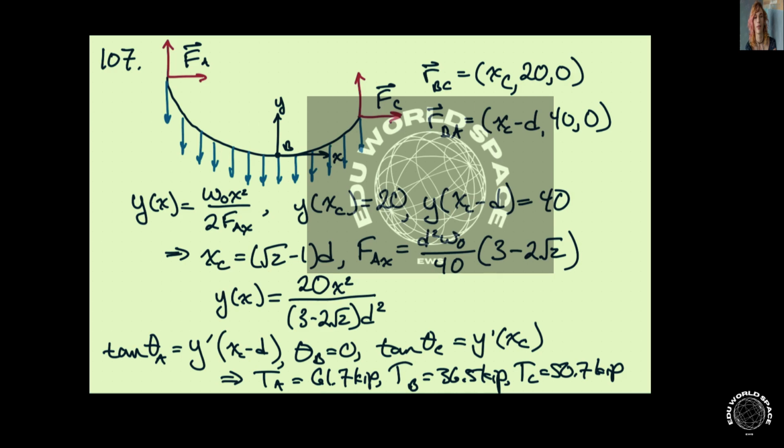So at point A, we'll use theta of A, and we'll get that the tension there is 61.7 kip. At B, this is actually the same as the tension at the support, at either support, and that is 36.5 kip. And at C here, we can get the angle theta sub C, and plug that in, and we get that the tension there is 50.7 kip.